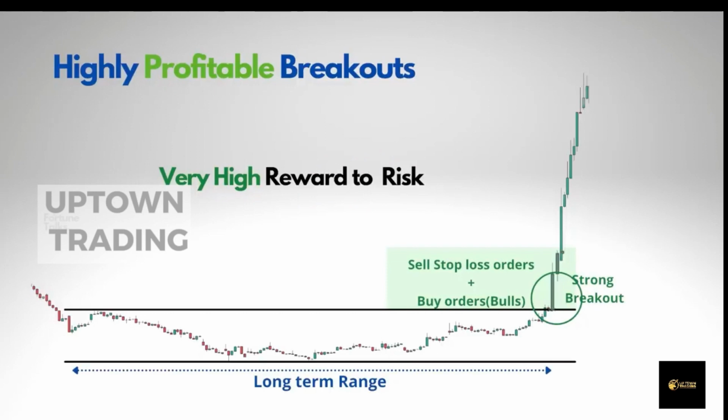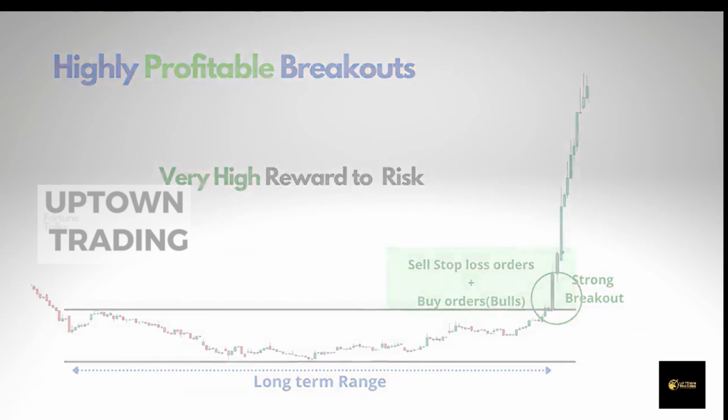And by some chance, if the market manages to break out of the resistance, it will trigger all of these clusters of buy stop loss orders, which will fuel further buying pressure, and in turn it will take the market higher. So if you want to identify explosive breakout trades with high profitability, you have to pay close attention when the market is in a range for a long period of time, because the longer it is in a range, the harder it breaks and the more profitable you become.